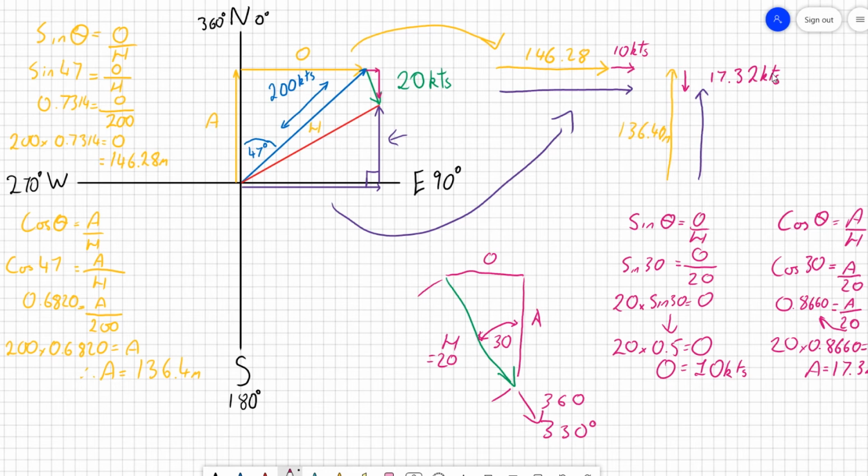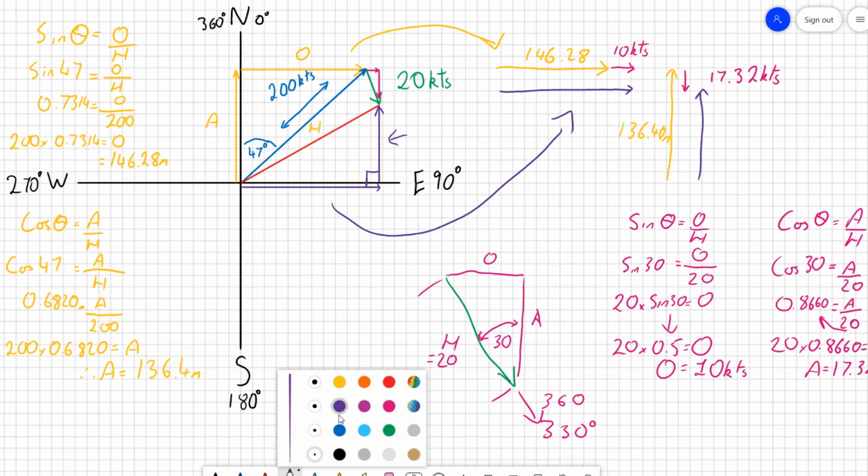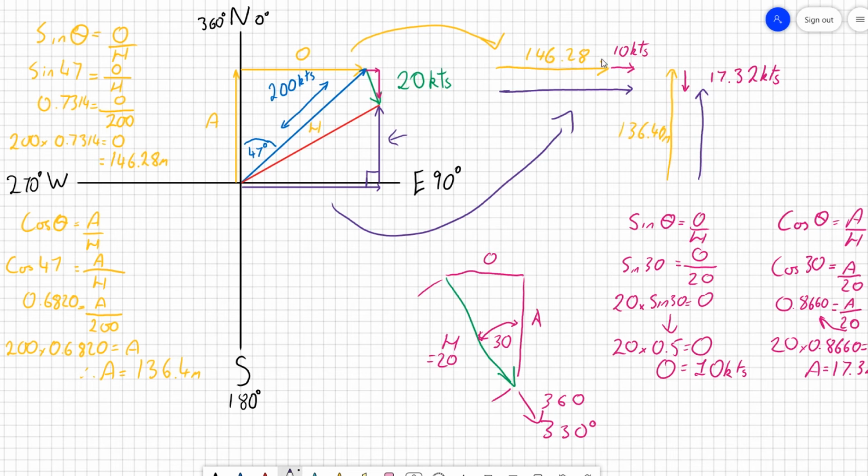So, because these values now are directly opposing each other, we can simply add them or subtract them to give us the values required for our purple here. So 146.28 plus 10, that's going to leave this one here at 156.28.